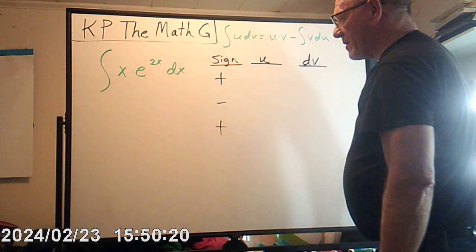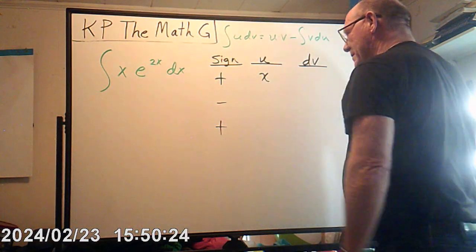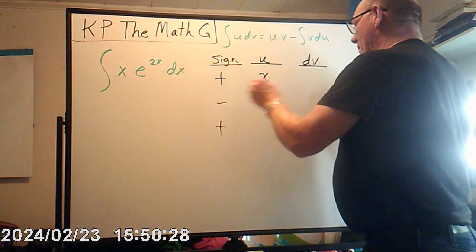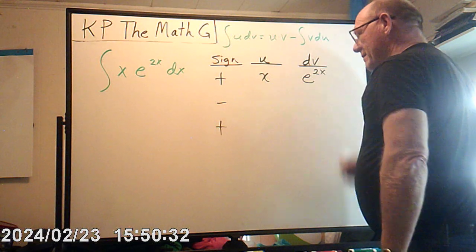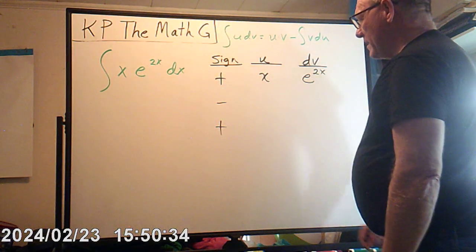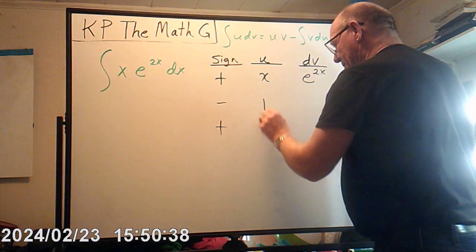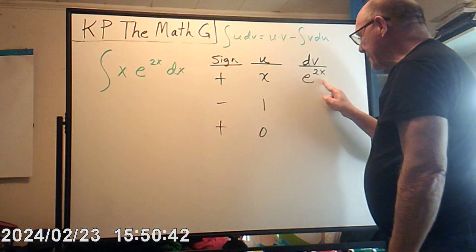I don't know if we have to go much further than that because here is x right here. And you can go ahead and put e to the 2x here. Now, the derivative of x is just 1, and the derivative of 1 is just 0. So keep going here on this one.